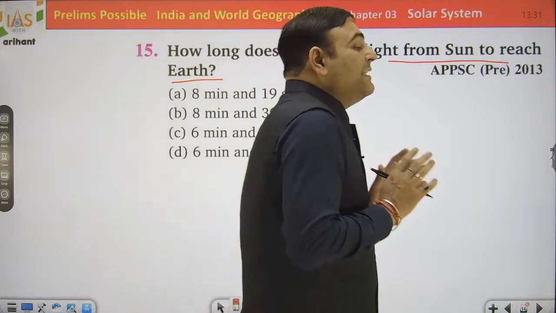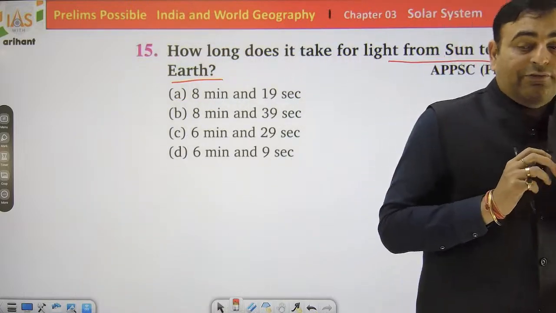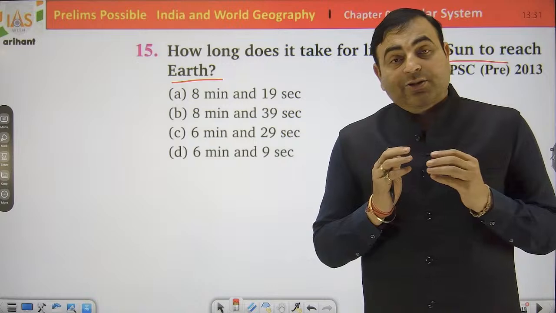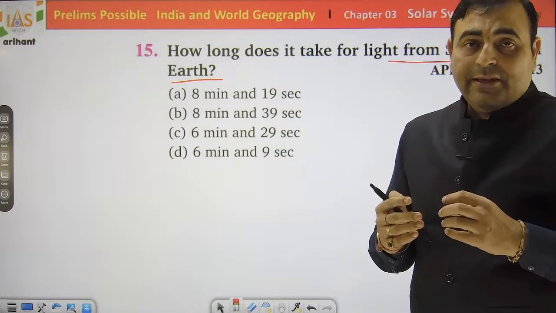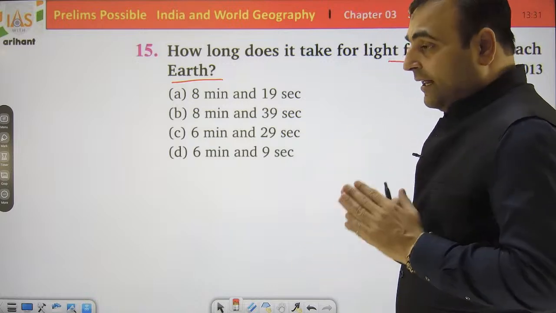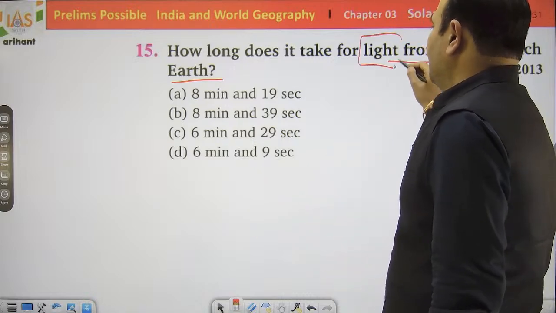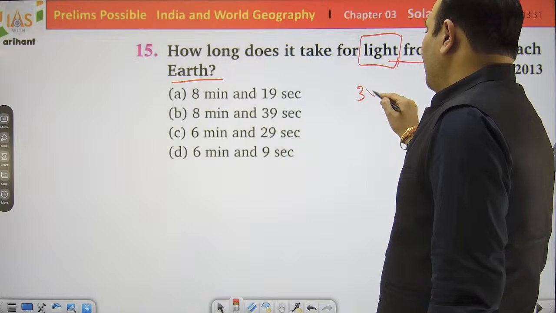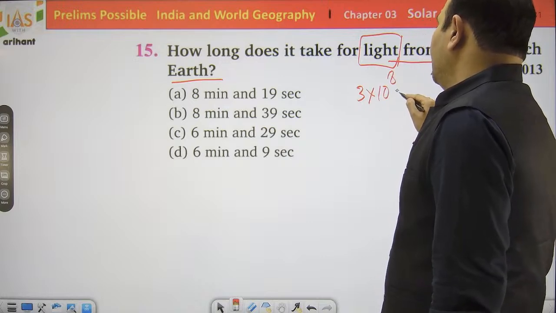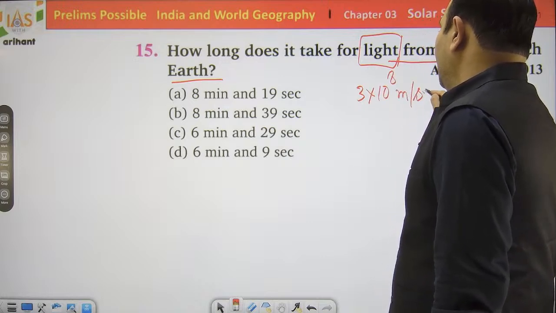See, it is very easy. It has no detailed explanations or detailed calculations. It is just an easy thing, the distance and the speed. We are aware of the speed of light, 3 × 10⁸ meter per second. Clear, everyone?